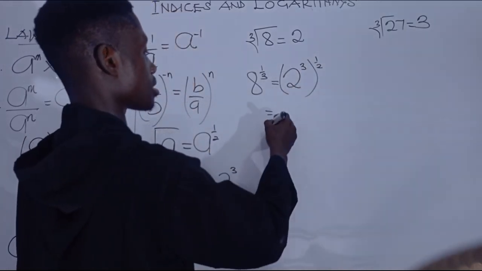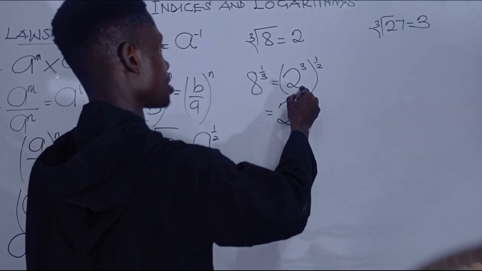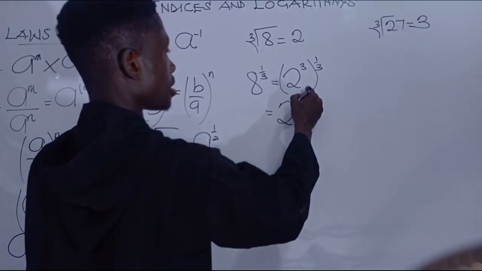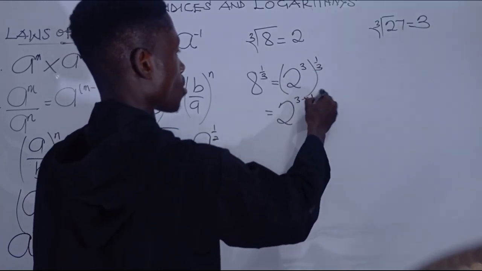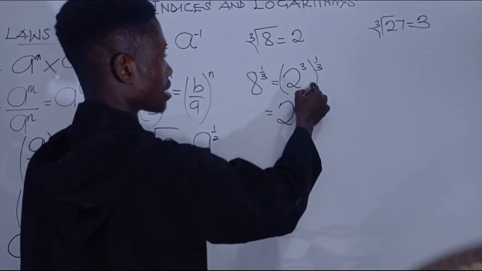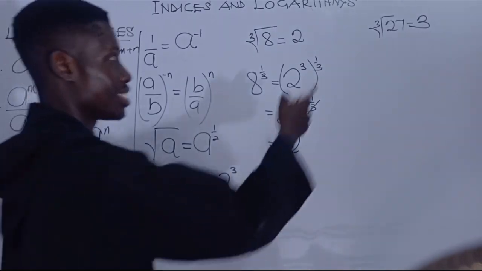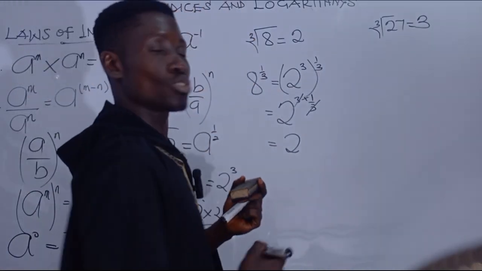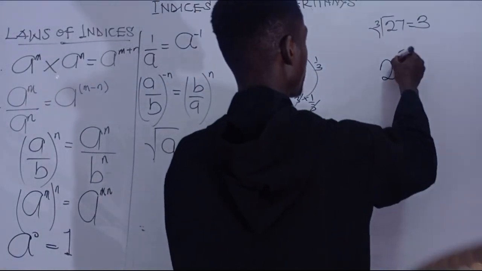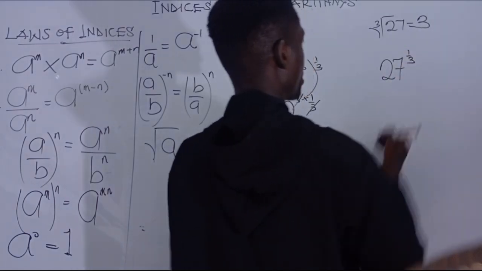Now when you do some simplification, you are going to get 2 raised to the power 3 multiplying 1 over 3. So you can see that this 3 will cancel this 3, we are left with 2. Let's look at 27. So we have 27 raised to the power 1 over 3.